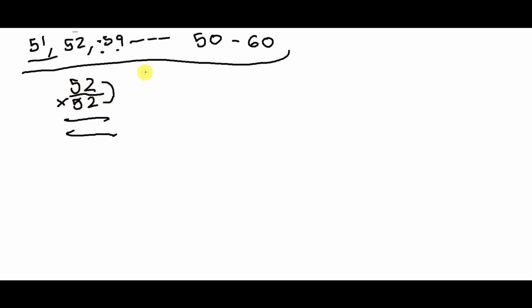This number, which is 52, comes between 50 and 60. 2 multiplied by 2 is 4. 5 multiplied by 5 is 25, but we have to add this number, which is 2. 25, 26 and 27. But here, as the 4 is only one digit, we have to add a 0 before 4. And the answer is 2704.